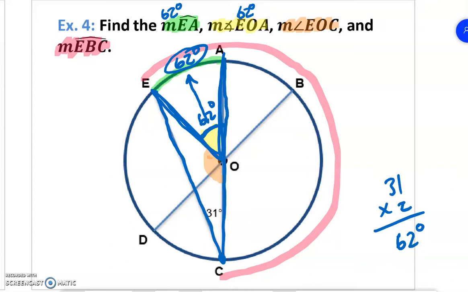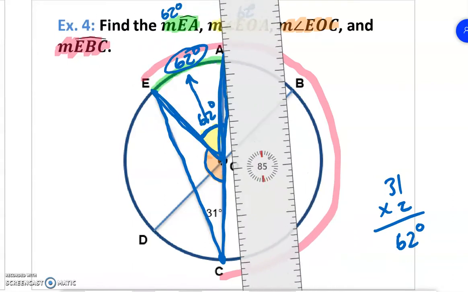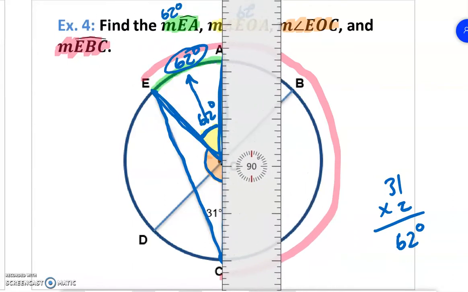There's a couple ways we could figure out the orange. We're finding the orange angle now, angle EOC. Two ways we can go about doing it. Notice how we have a straight line. Now you learned from IM1 that a straight line we should know is 180 degrees, right? This straight line is 180 degrees.